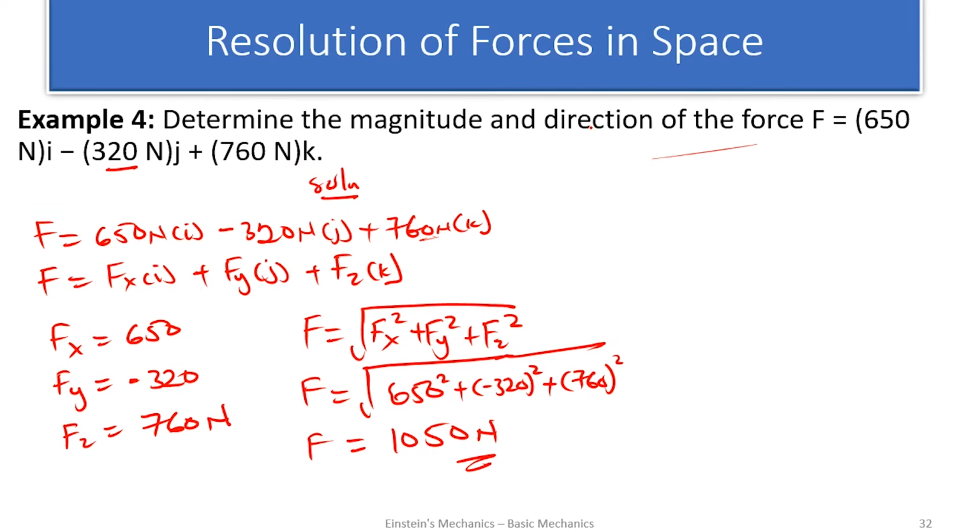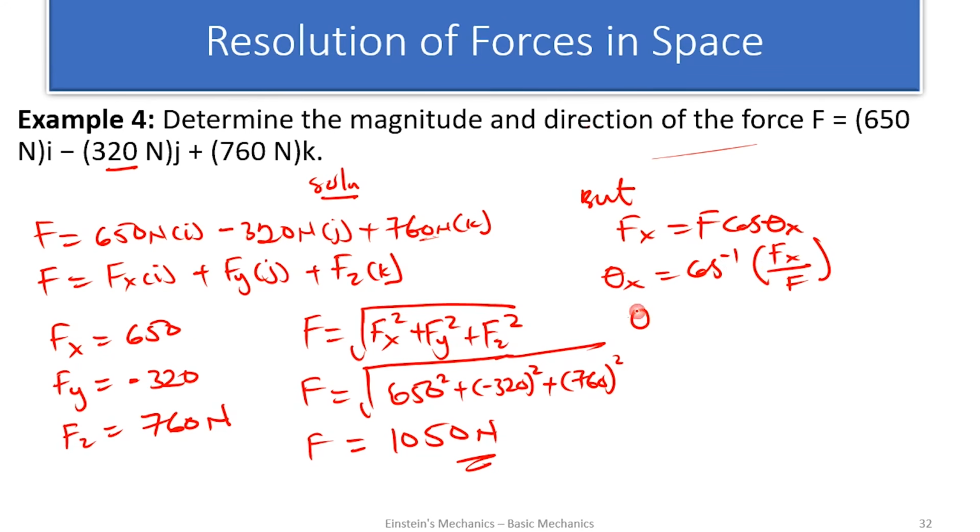What about the direction, which is the same as the angle they make with what? The respective axis. I still know that f of x is always f cos theta x, and theta x is what I'm looking for. So can I say theta x now is cos inverse of f of x on f?